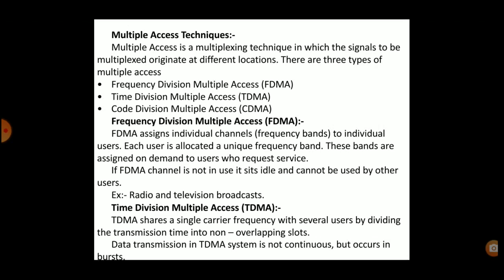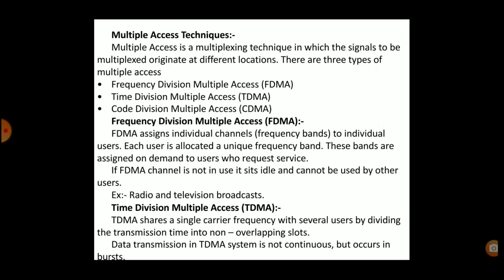FDMA assigns individual channel frequency bands to individual users. Each user is allocated a unique frequency band. These bands are assigned on demand to users who request service.